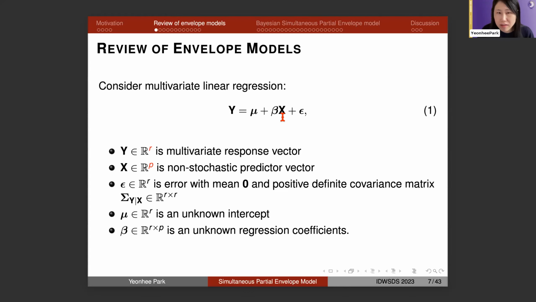So this standard model approach ignores the relations among the response variables.